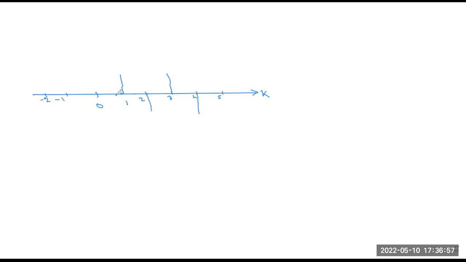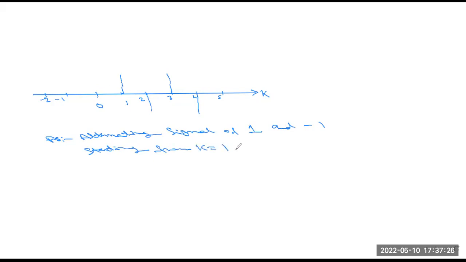So this is basically the alternating signal of 1 and -1 starting from t is equal to 1.